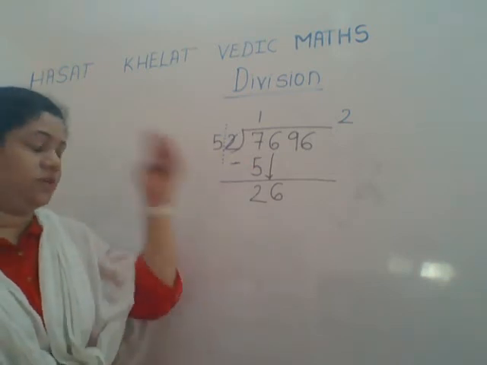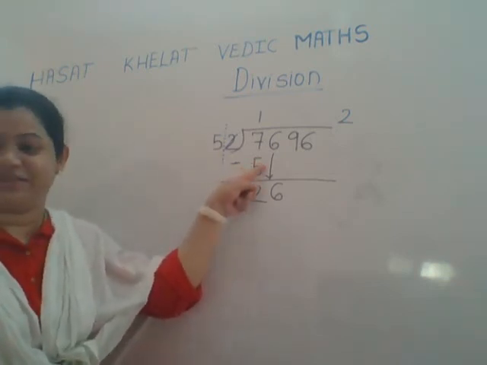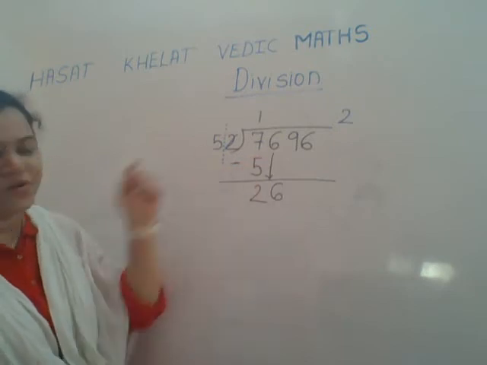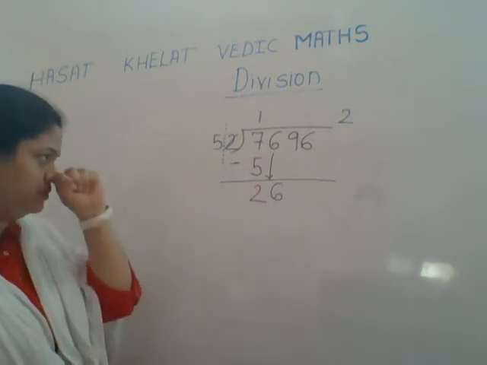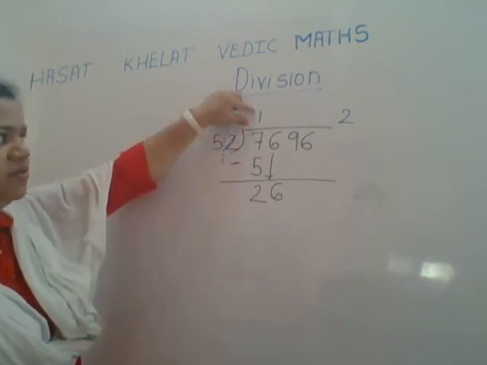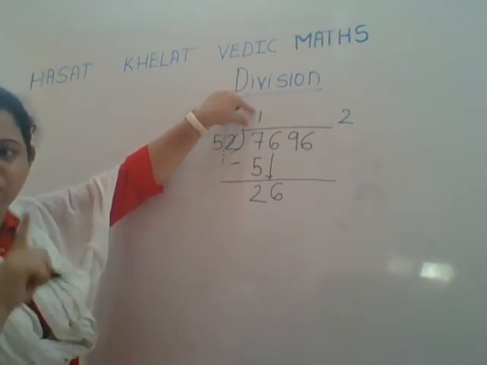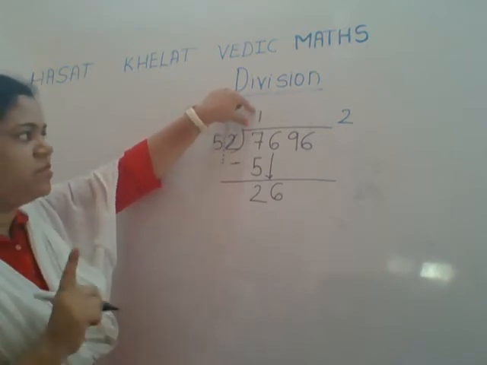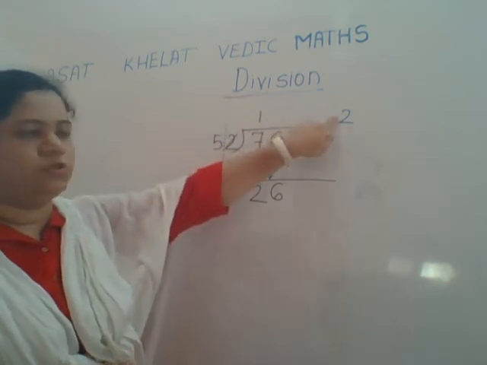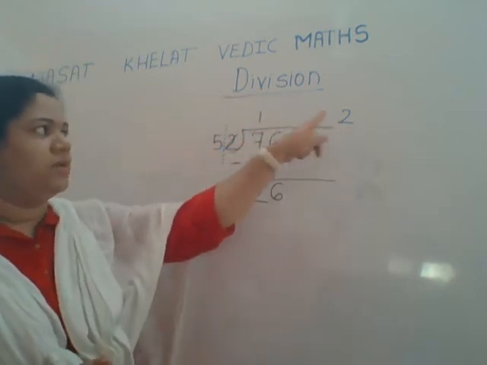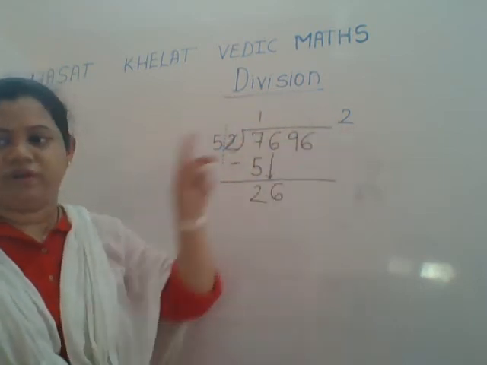Whenever this arrow comes, whatever number is present in the quotient place, here 1, you have to multiply with this 2. So 1 multiplied by 2 is 2.